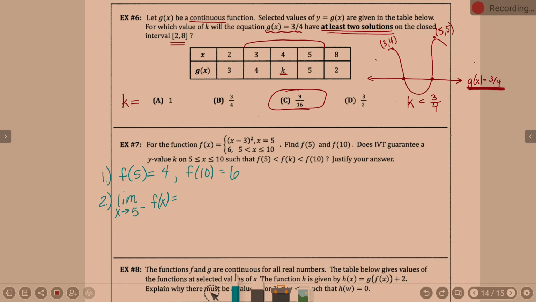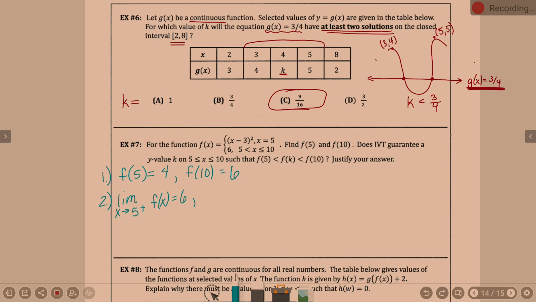Let's make that from the right. The limit from the right equals 6, because as you work your way down from 10, it equals 6. The limit is going to be 6. What is the graph equal at that value?